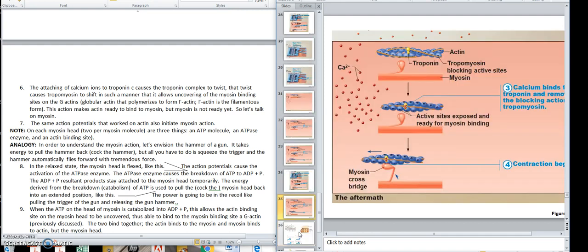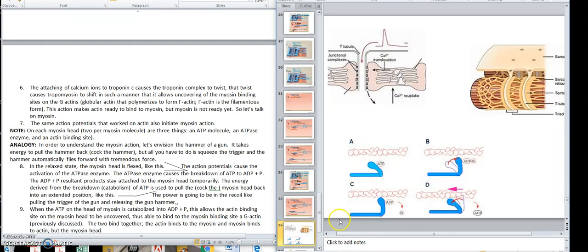But I wanted another picture if I see one. Okay, here's this thing now. This would be in the resting state with ATP. The enzyme splits ATP into ADP plus P, and the energy cocks this back. When that's cocked back, then you can do some attachment.